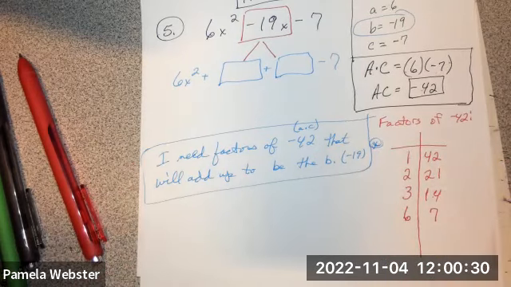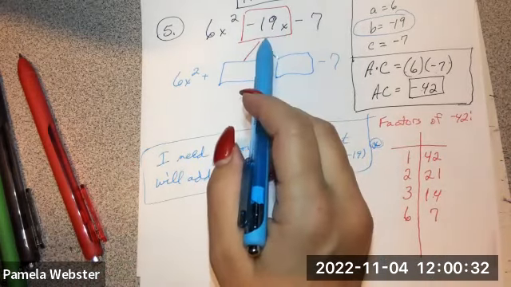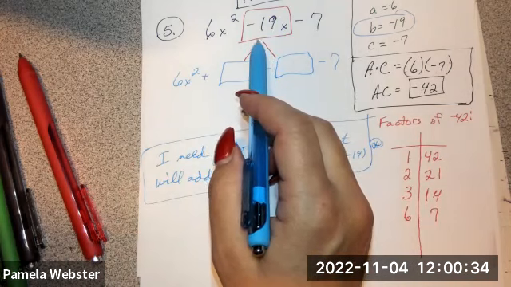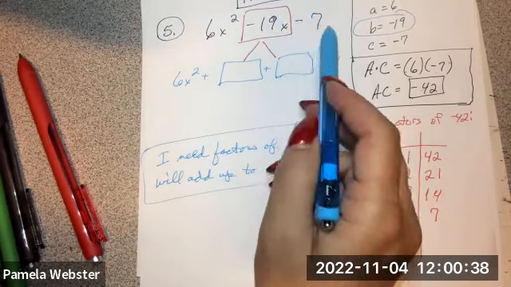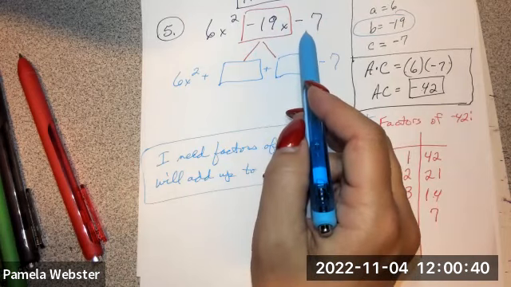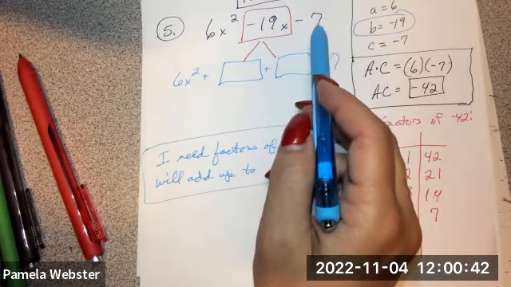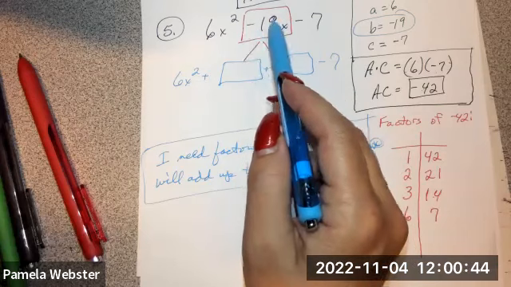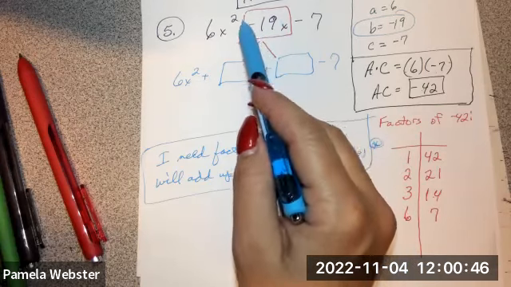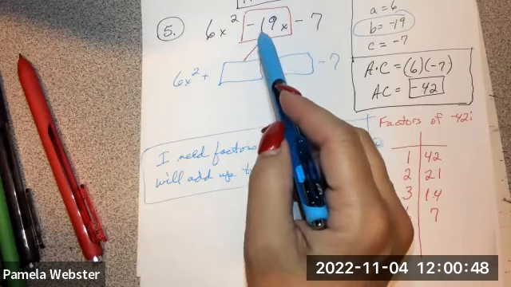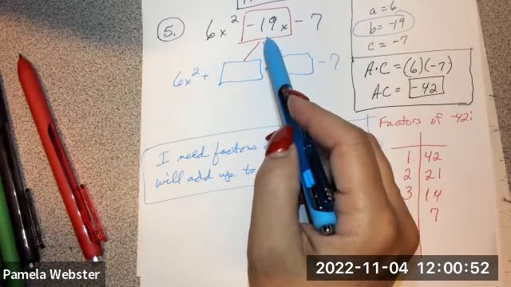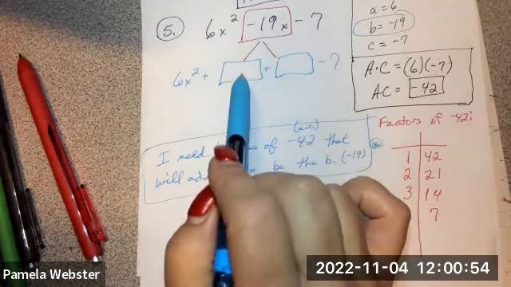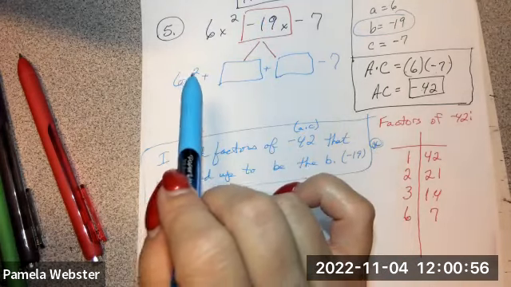Okay. And the fact that they're going to add up to give me a negative number means, when I remember, these are going to be a positive and a negative. I know that because the last number is a negative. So a positive times a negative gives me a negative. So one's a positive and one's a negative. And when I look at this, I say, oh, but whenever I add a positive and a negative, I end up actually subtracting the numbers and taking the sign of the bigger guy, right?